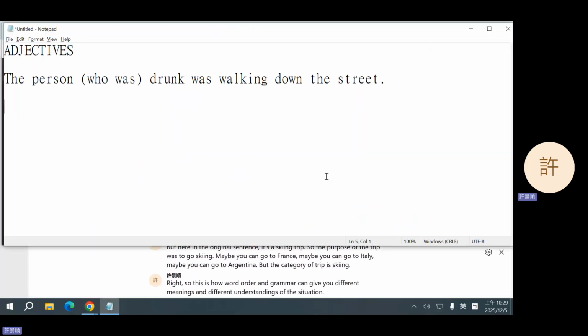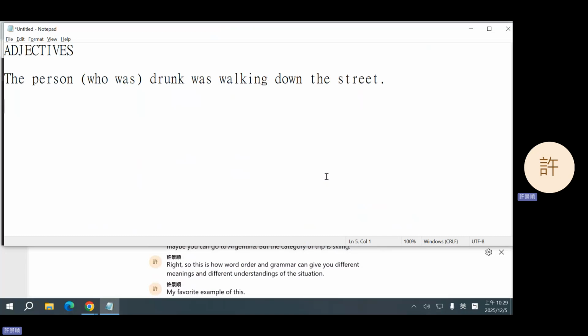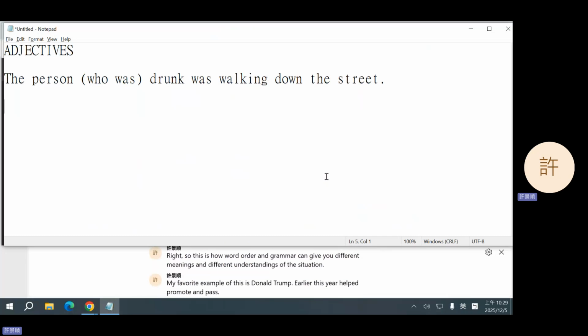My favorite example of this is Donald Trump earlier this year helped promote and pass a piece of legislation that he called the One Big Beautiful Bill.